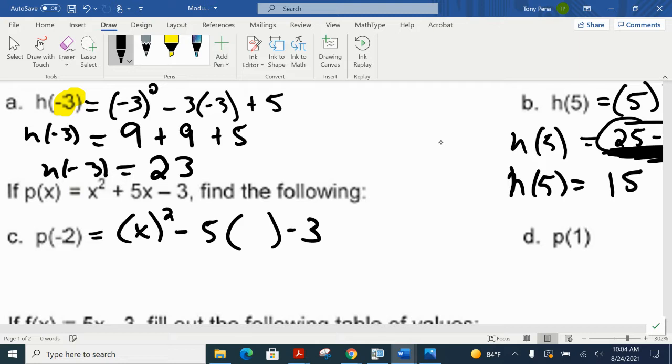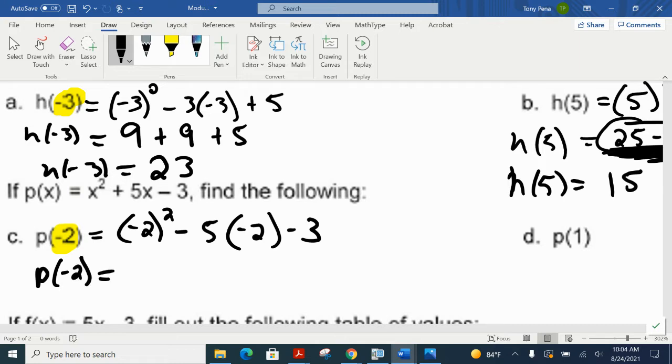So this was x squared minus 5x. This is telling us to plug in a negative 2. So wherever we have an x, we're going to replace that with a negative 2. I kind of want to see if you get the right answer. So we want to evaluate that.